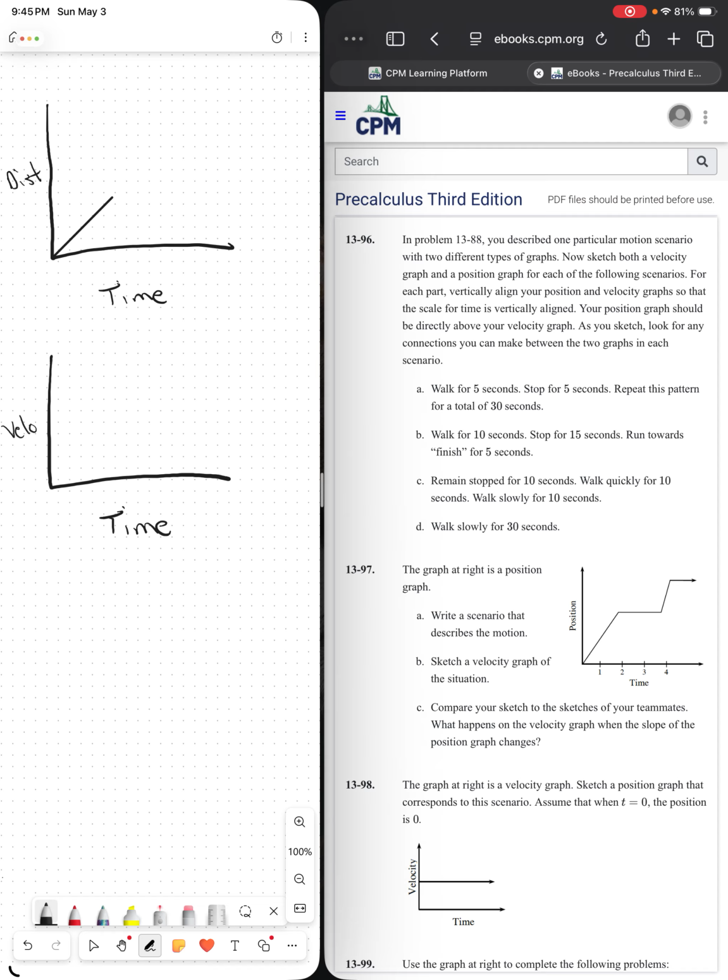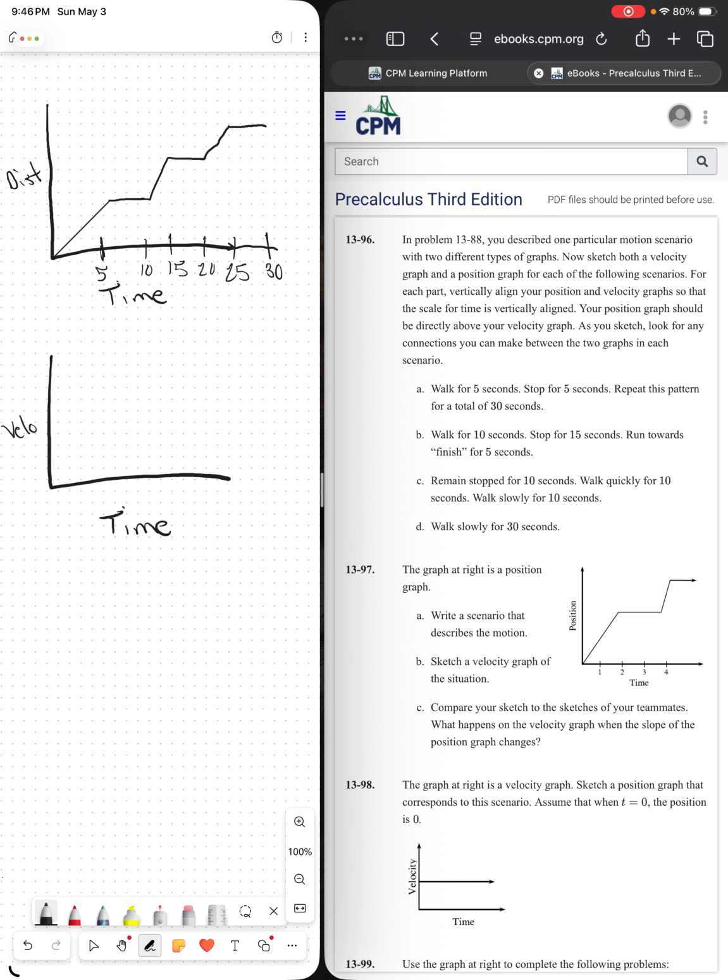We're going to stop for 5 seconds. And we're going to repeat this pattern, right? So walk for 5, stop for 5, walk for 5, stop for 5. So you can kind of see, 5, 10, sorry, I'm off scale here, 15, 20, 25, 30.